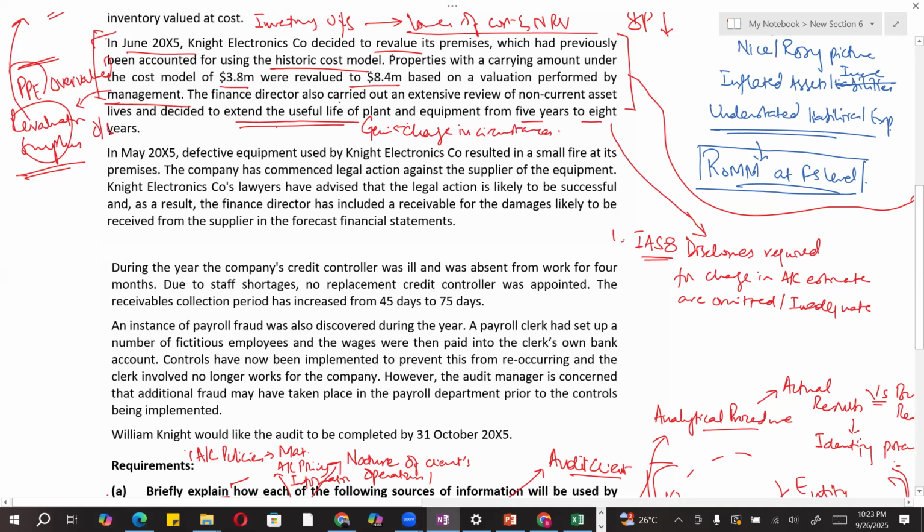That is one of the things. The other more probable issue is that there is no genuine change in circumstances. And in that case, you are attempting to understate your depreciation expense and you're trying to overstate your PPE. Remember, if you just say understate expenses, you're not going to get credit, particularly in the ACCA exams, because they say you need to identify the specific category of expense which may be over or understated.